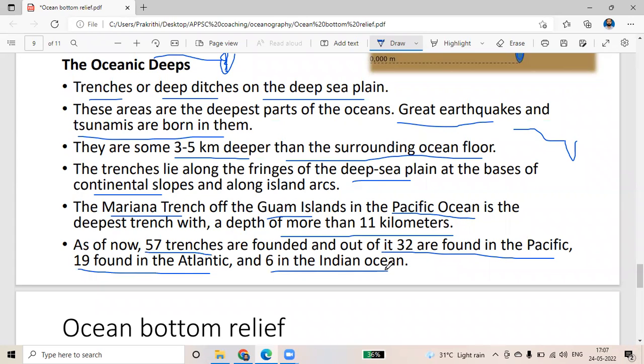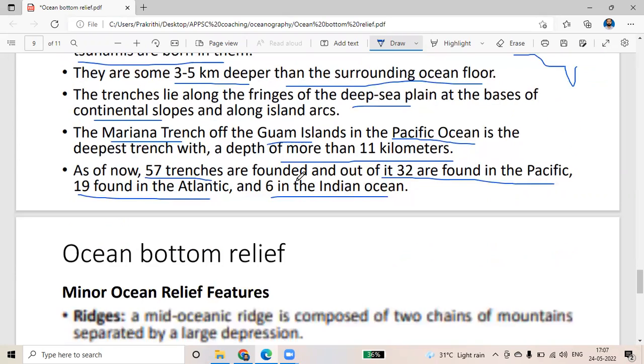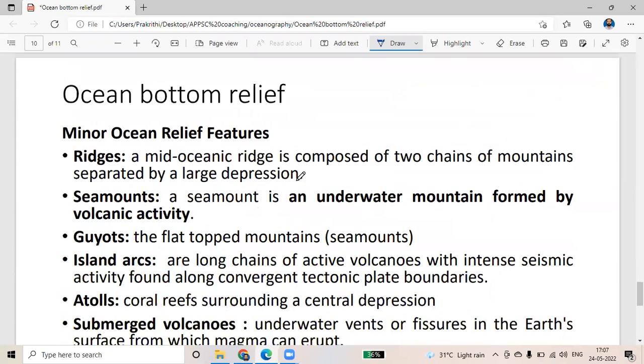Continental shelf हो गया, continental slope हो गया, continental rise हो गया, oceanic abyssal plains हो गया, then oceanic deeps हो गया. ऐसा 5. इसके साथ along with this you can see number of small oceanic reliefs that we can say as minor ocean reliefs.